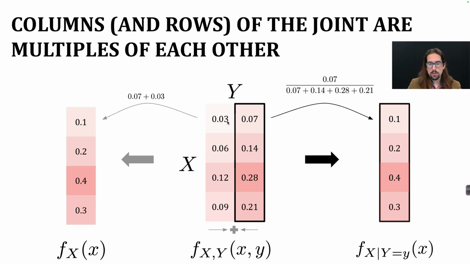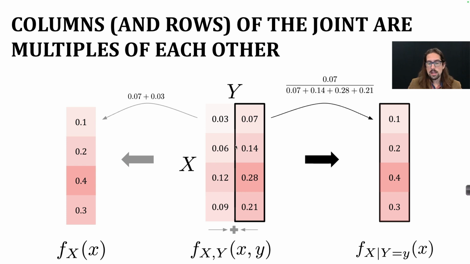So here we have 0.03 and 0.07. If I take these numbers and multiply them by 2, I get these numbers. If I take these numbers and multiply them by 2, I get these numbers. If I take this and multiply it by 3, I get these two numbers here. So you can see the rows are actually just constant multiples of each other.